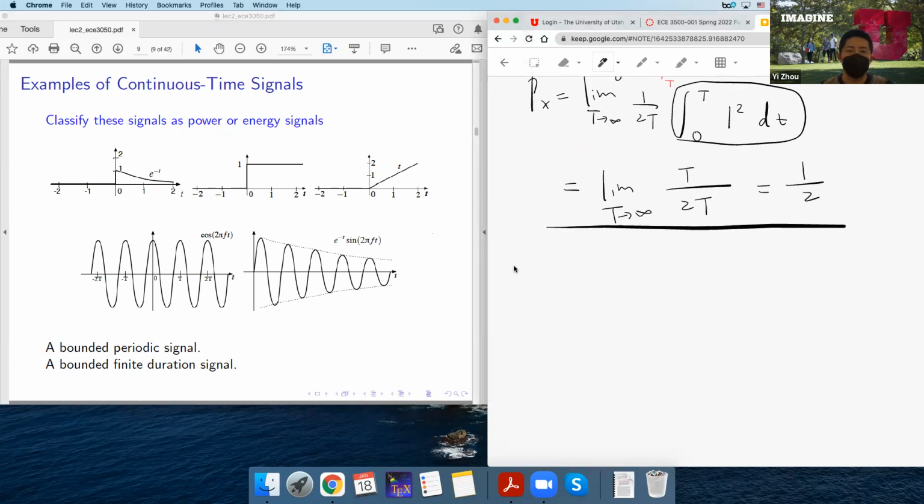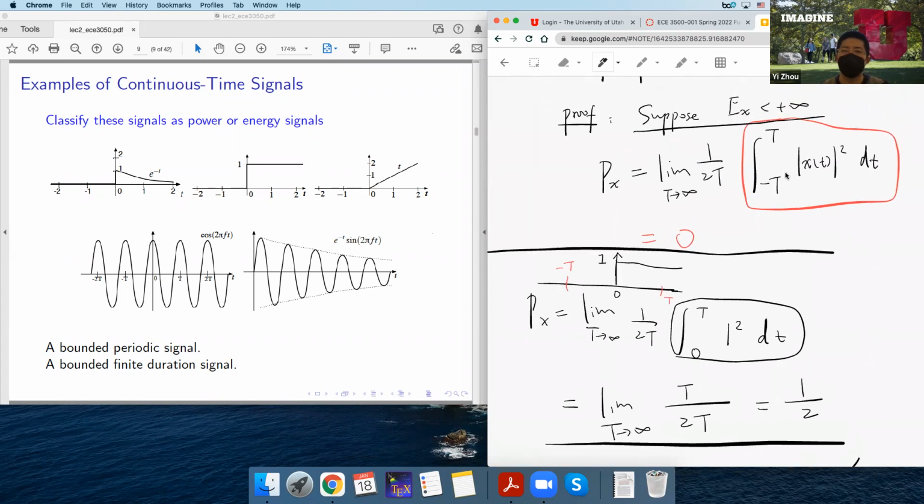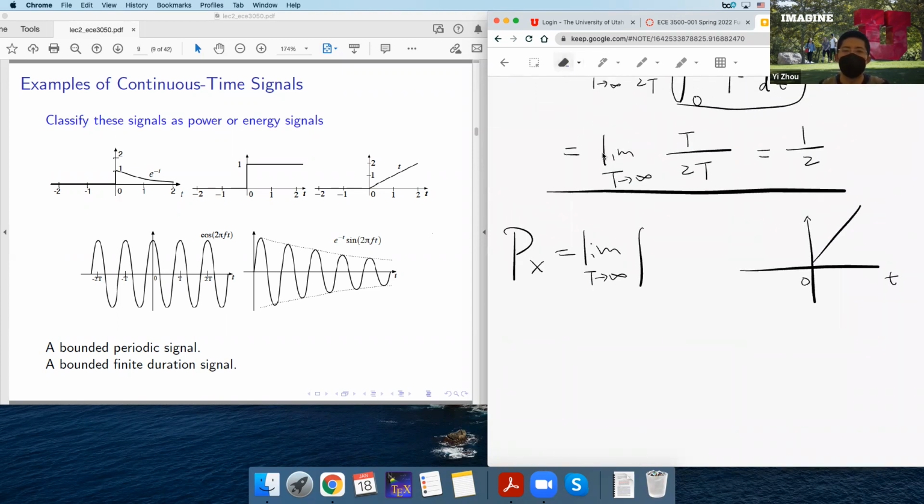So again, we follow the power definition. Here's the figure. Following the definition of power, we are integrating, it's 1 over 2T, looking at negative T to T. But the signal only exists between 0 and T, so we only have 0 and T here.